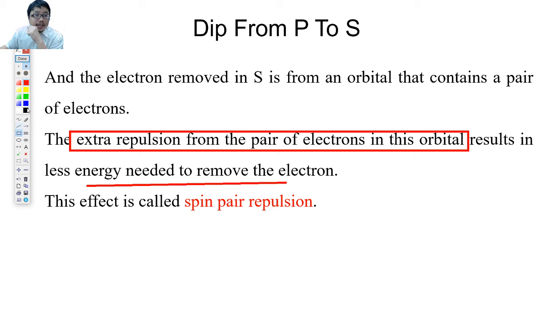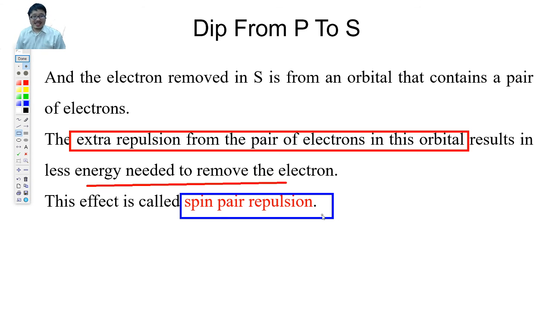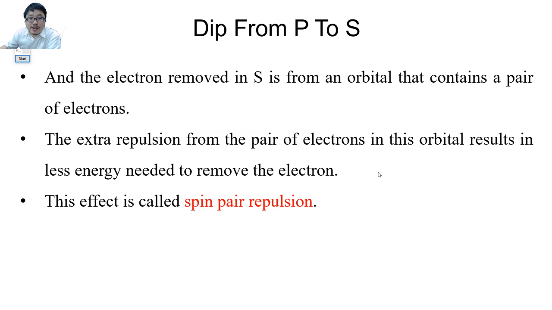This effect is what we call spin pair repulsion. And that's why there is a drop from phosphorus to sulfur.